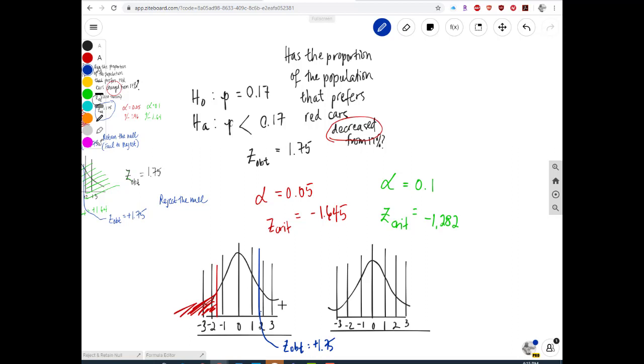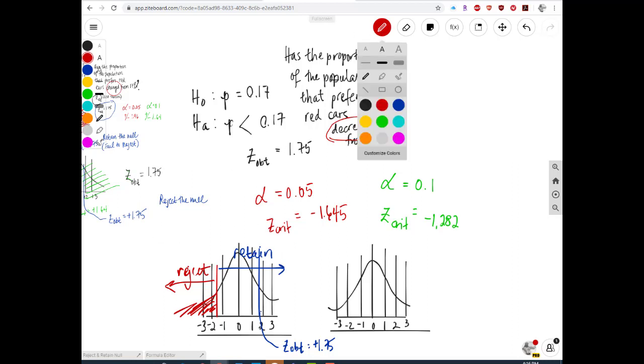Here it's very obvious that it is in the area of retention, right? Because everything from Z crit and above, I'm going to retain, and everything less than my Z crit, I'm going to reject, right? So my Z obtained ended up being in the retention area. So here I would retain the null.